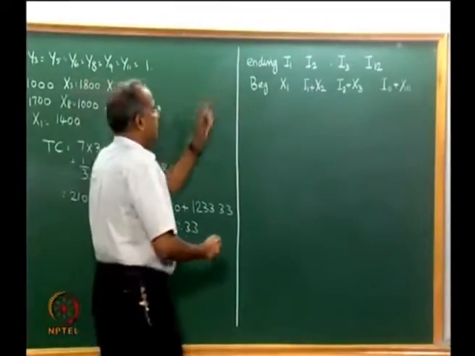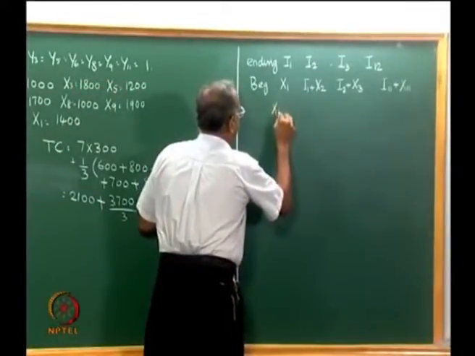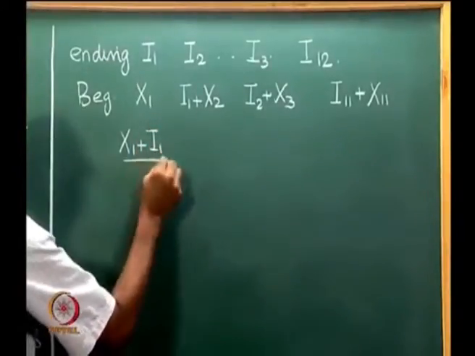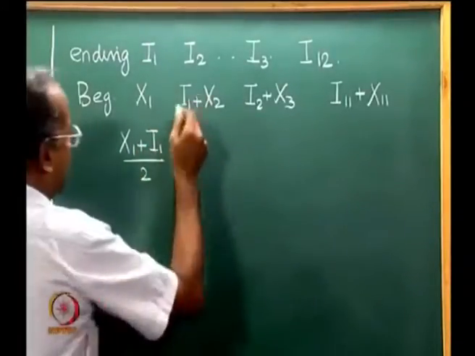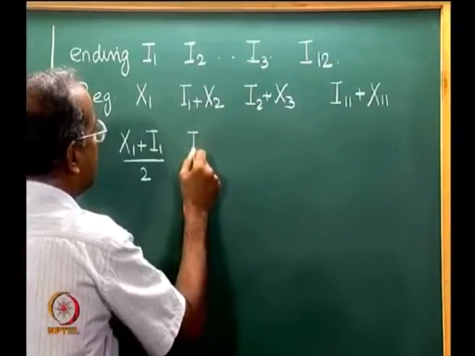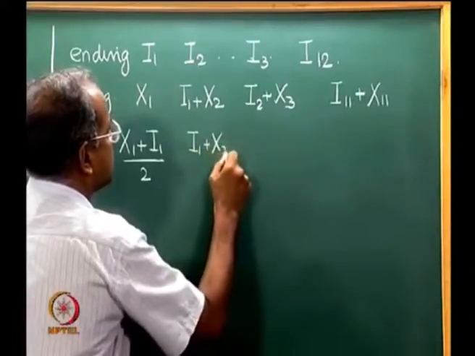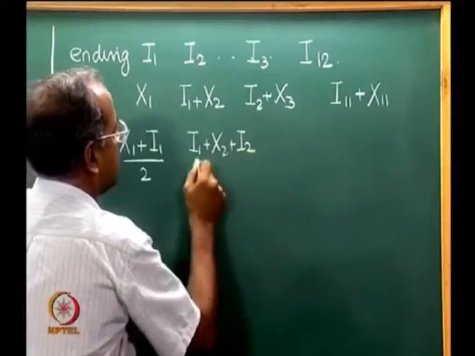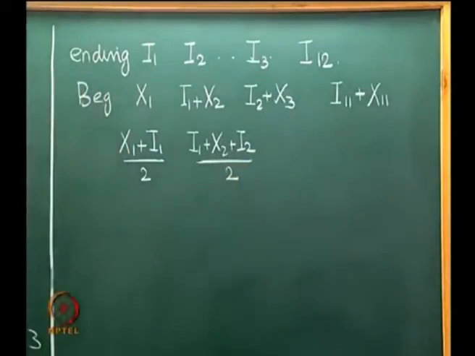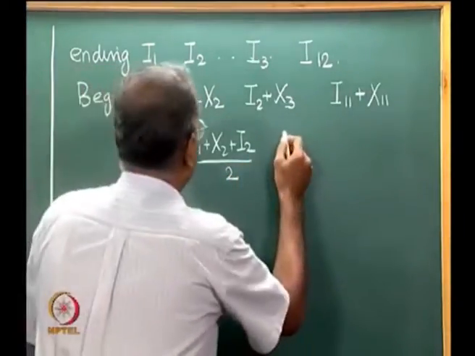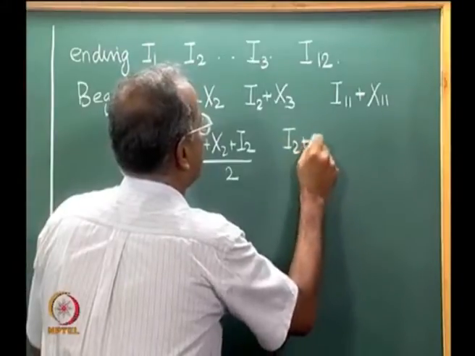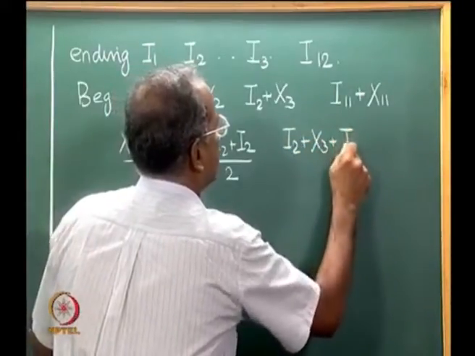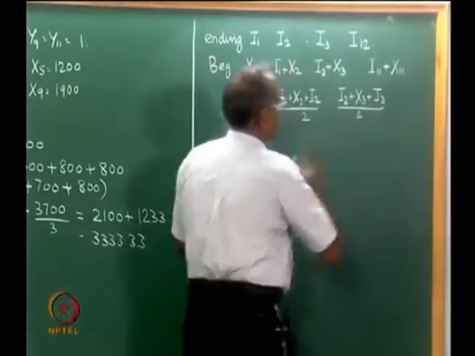So the average inventory for month 1 will be x1 plus I1 divided by 2. The average inventory here will be I1 plus x2 plus I2 divided by 2, and one more term will be I2 plus x3 plus I3 divided by 2.